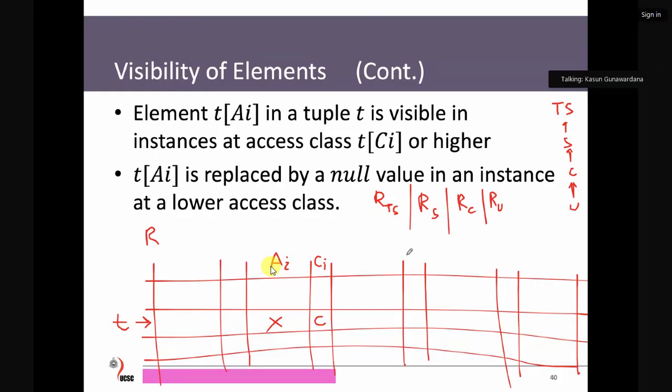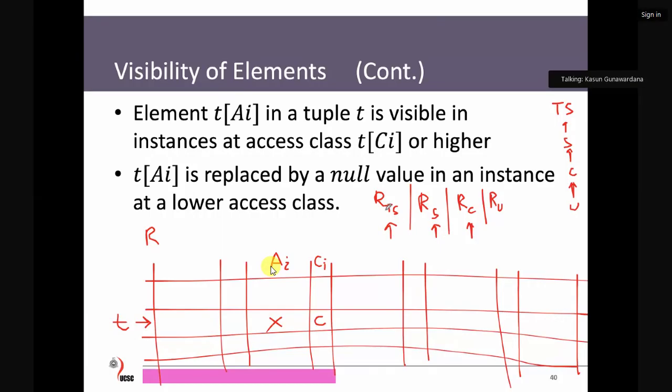So what it says is this X will appear in the confidential level, right? So, where its X value's level of classification is. So it will appear in instances RC or higher. Higher instances are here: RS, R secret, R top secret, right?